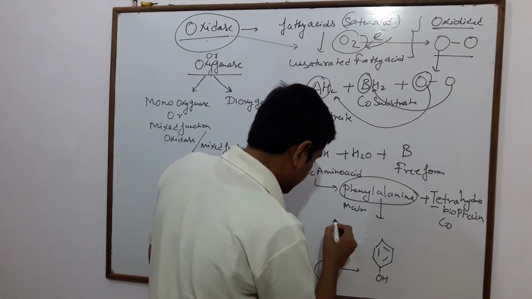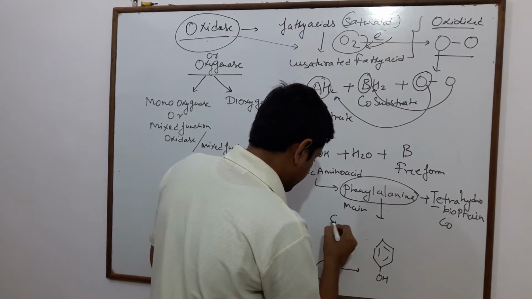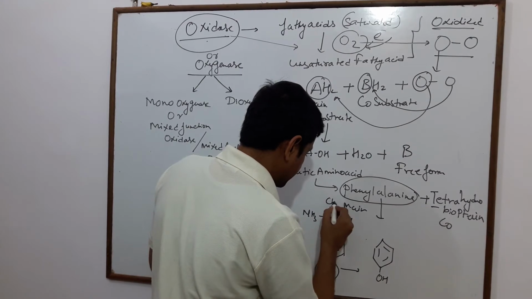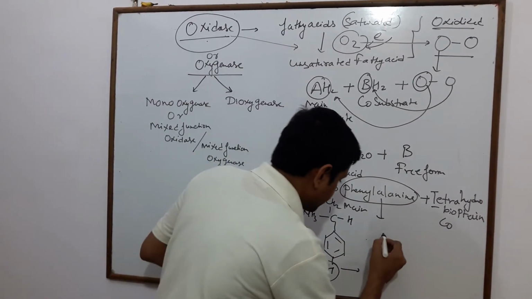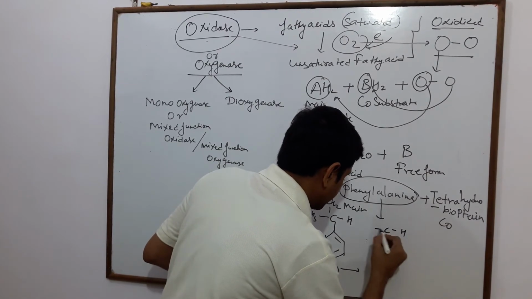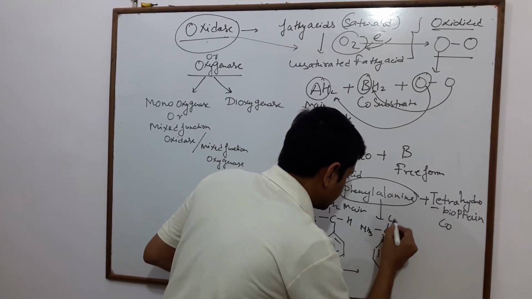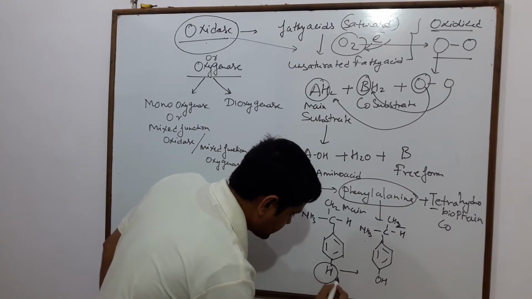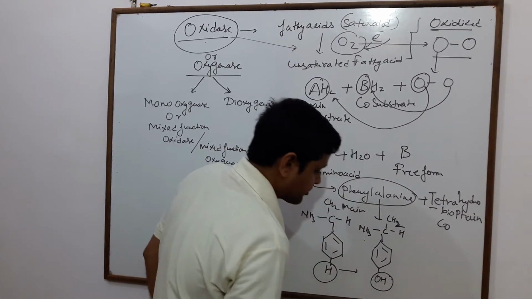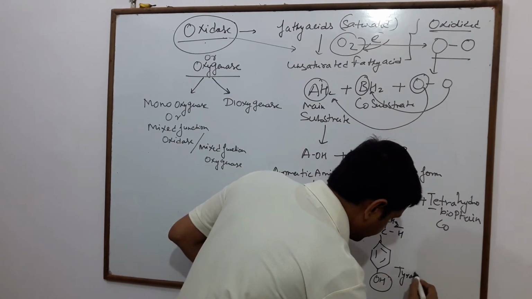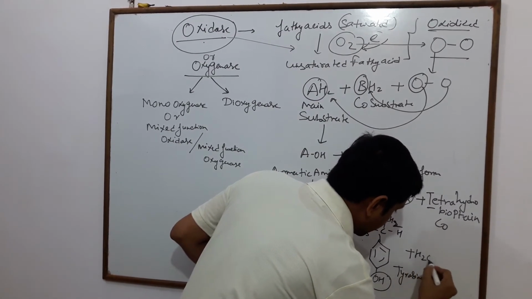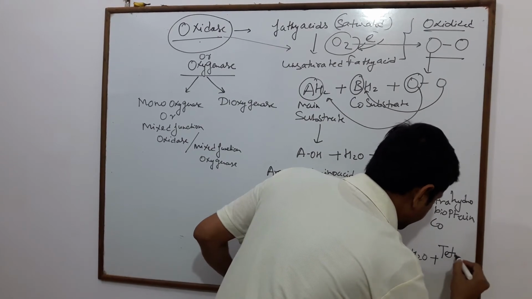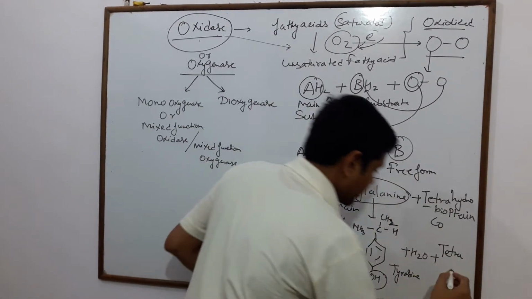The remaining structure is the same: there is a central carbon atom where H, NH3 and CH2 groups are attached. The difference is that this attached hydrogen is converted into a hydroxyl, and this product is called tyrosine, plus H2O, and tetrahydrobiopterin is released in free form, as B is released in this way.